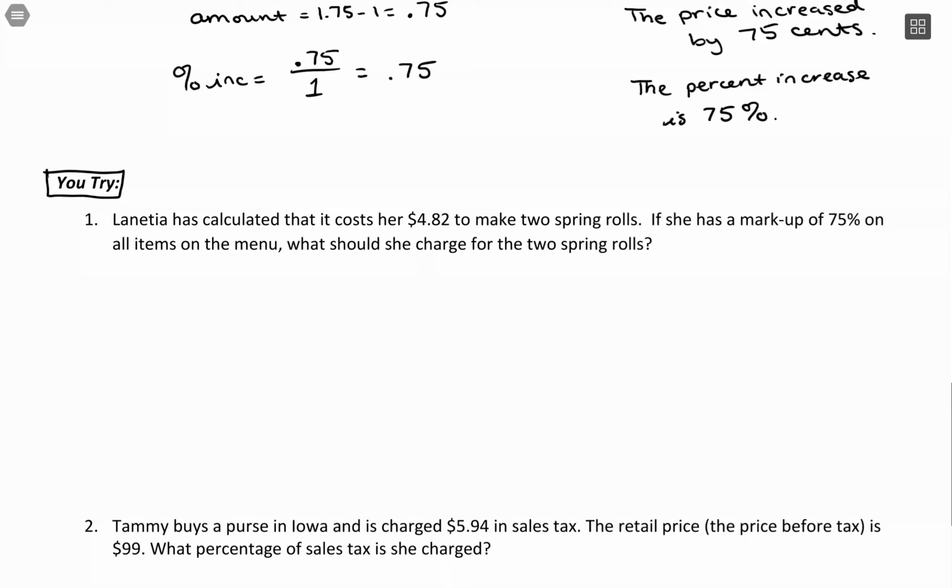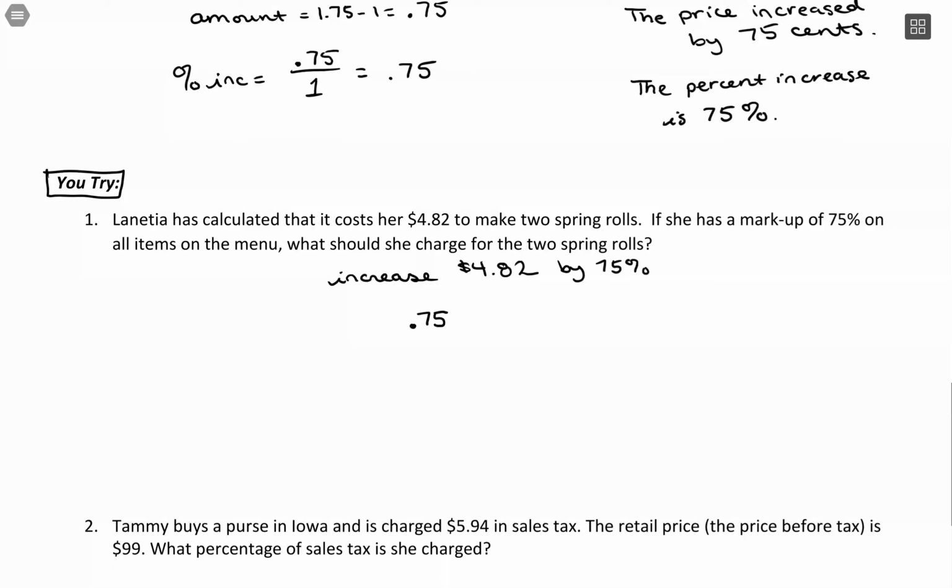So basically what we want to do is increase that $4.82, that original amount, by 75%. There are so many different ways to go about this, so if the work doesn't look exactly the same, totally fine, but we should end up at the same answers. But basically we're going to need to know what is 75% of the $4.82. So that'll be my first step here.